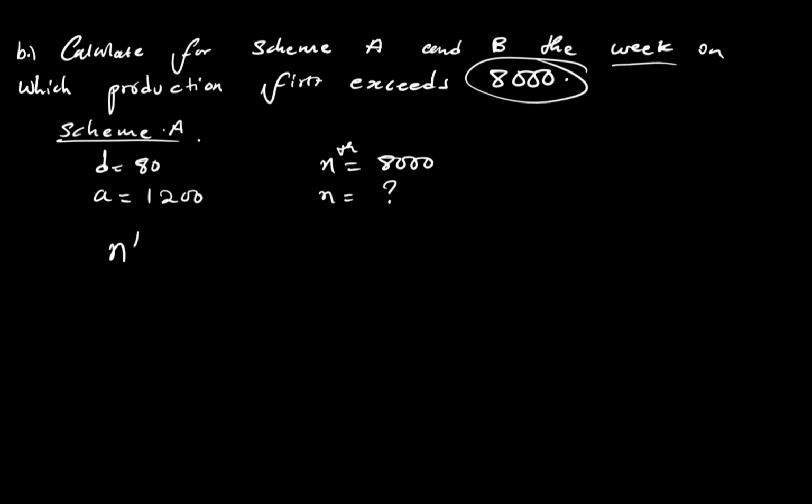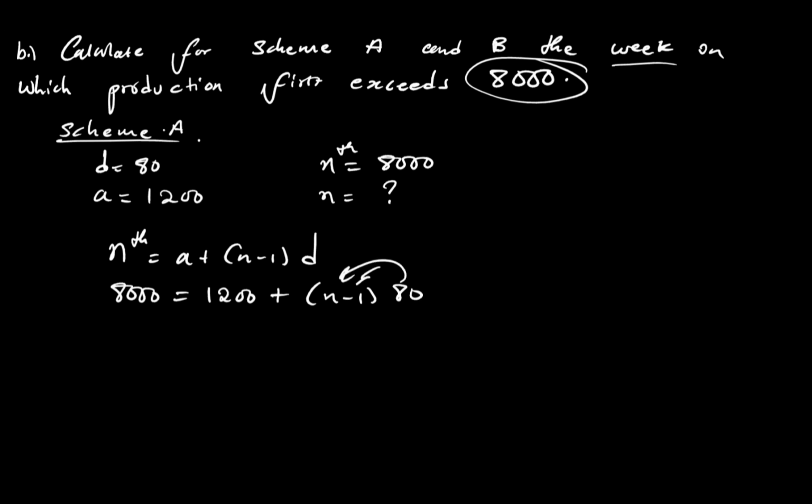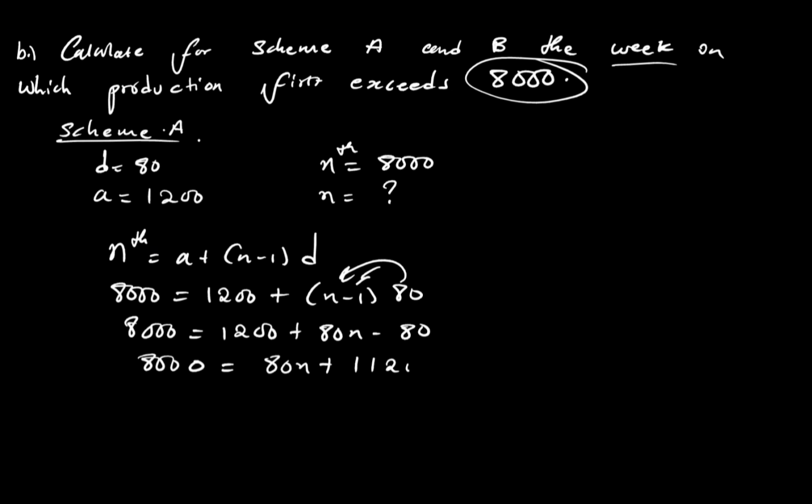So I'm going to say nth is equal to a plus n minus 1 d. So we now know that the nth, 8,000, is equal to the first term 1,200 plus n minus 1 times 80, which is the d. Expanding it out, we have the following: 1,200 plus 80n minus 80. Now simplifying the like terms, we end up having 80n plus 1,120.